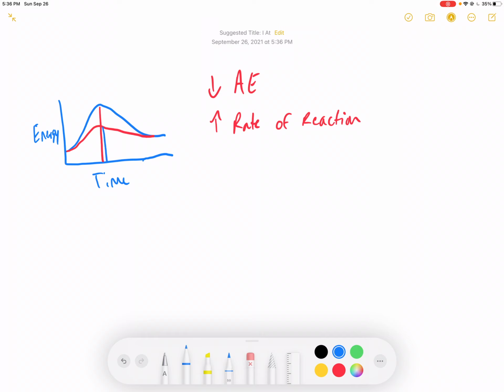The blue, I flipped the colors, hold on. There we go. The red is the amount of energy required for this reaction to occur. This blue here is the amount of energy with an enzyme for the reaction to occur.